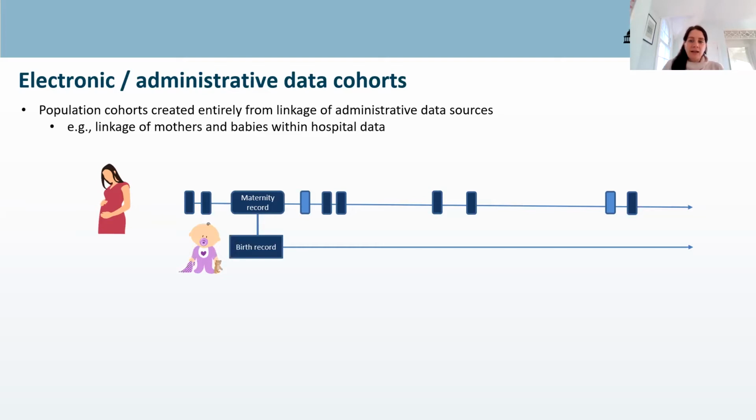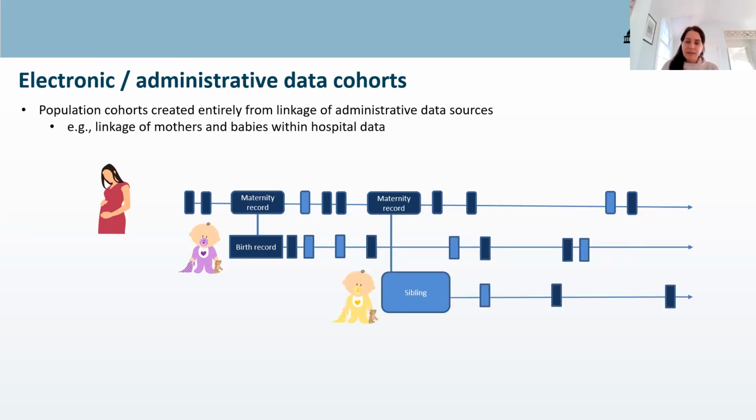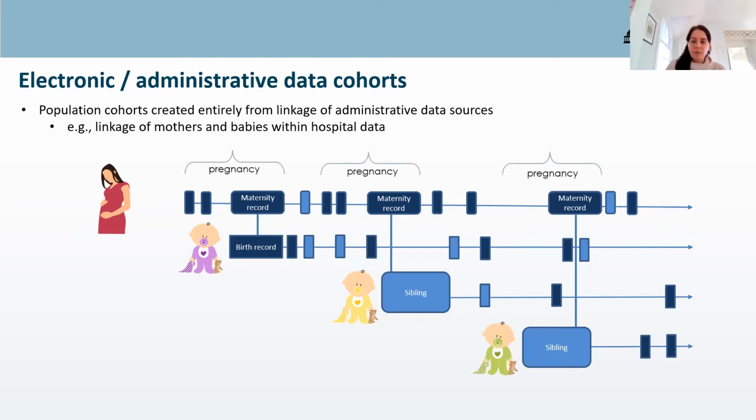So this then allows us to look at how maternal factors influence a baby in their early years and beyond, and their hospital or GP or other service trajectories. And we can link in siblings, which gives us the opportunity to do sibling control analyses where we evaluate discordant pairs to account for shared familial risk factors. And we also have information on the pregnancy period and the inter-pregnancy interval.